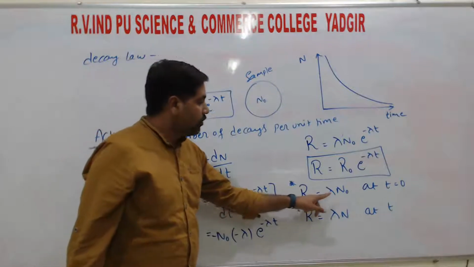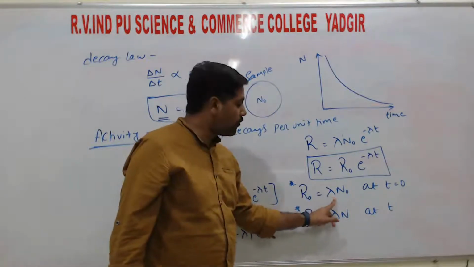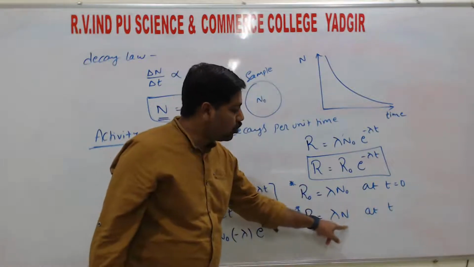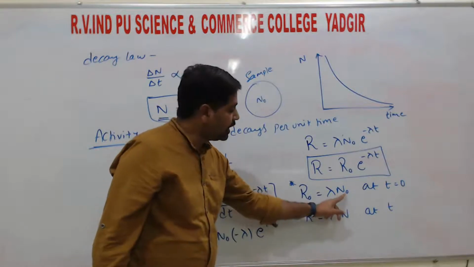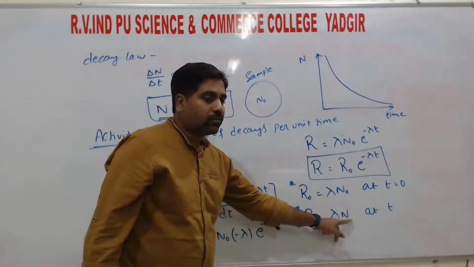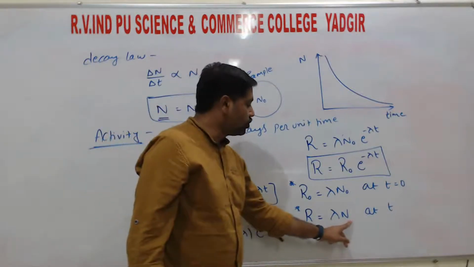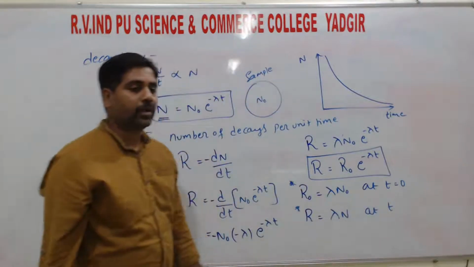Next, with the decay constant lambda, after some time t the nuclei reduces from n naught to N. That means it decays from n naught to N. That we call the activity R, that is R is equal to lambda N at the arbitrary time t, right?